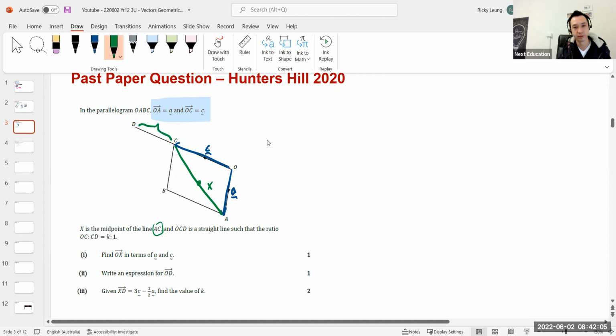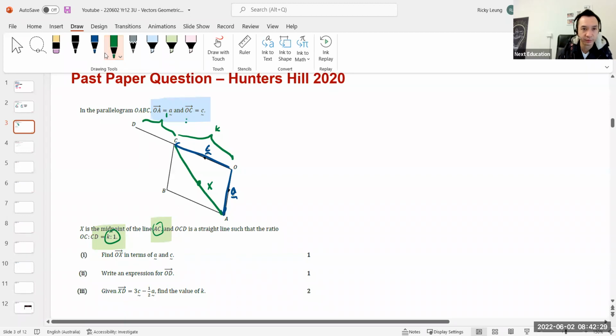Ratio K to 1. How do I do this without destroying my diagram? Okay, let's see. This is K and this is 1 as a ratio, right? Okay, so that's this bit. Cool, that's covered. Got it. Yep. Find OX.